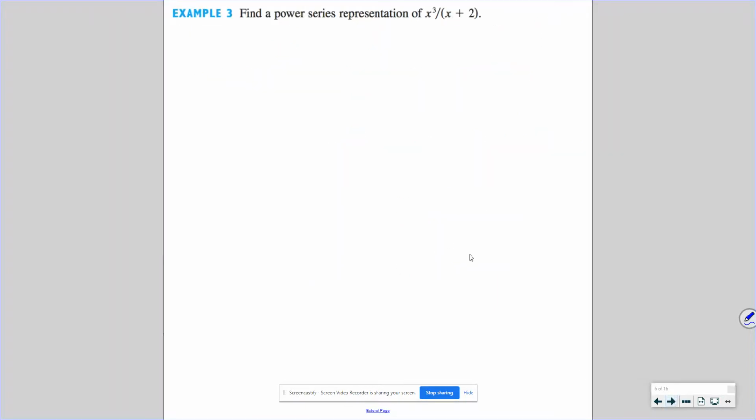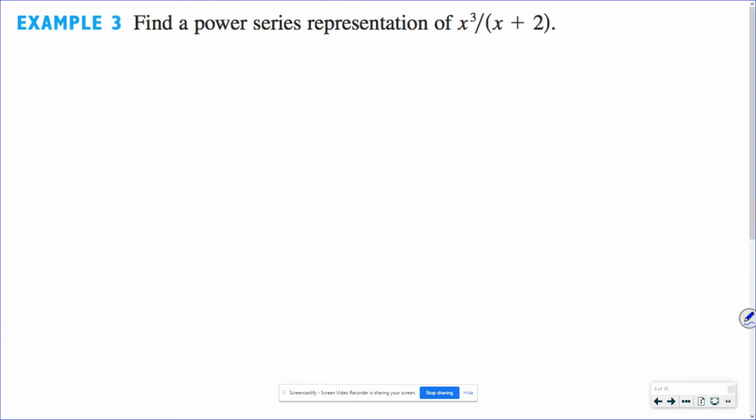Let's try another one. With these, there's just so many different ways they can look, so we're going to have to do a lot of practice to get this right. X to the third over x plus 2. We have to make it look like a over 1 minus r. Really, you just need to focus on the fact that you can have whatever you want on the top, but you need a 1 minus right here.